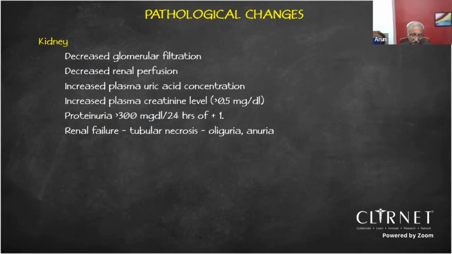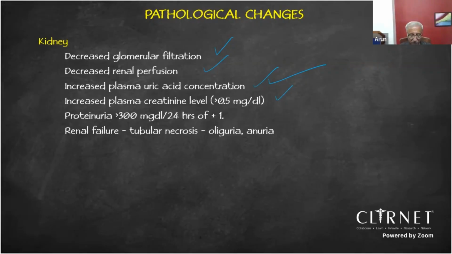What happens in the kidneys is there's a decreased GFR because of decreased renal perfusion. There's an increase in plasma uric acid concentration. Earlier, we used to take plasma uric acid concentration as one of the prognostic factors, but now it is not taken as very important. Increased plasma creatinine levels more than 0.5 milligram per dl.